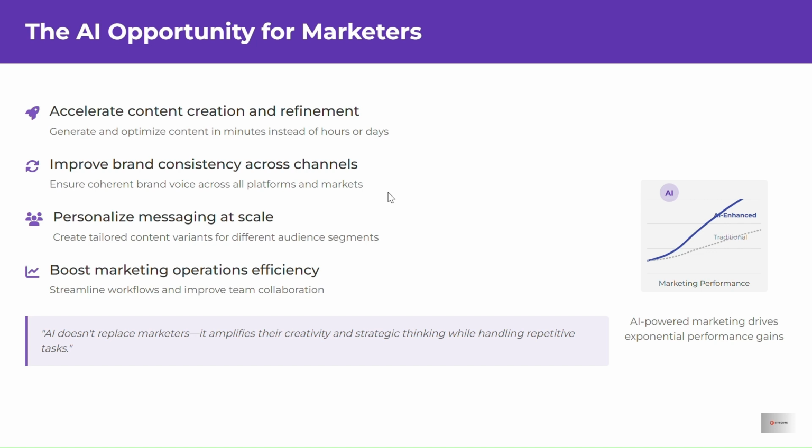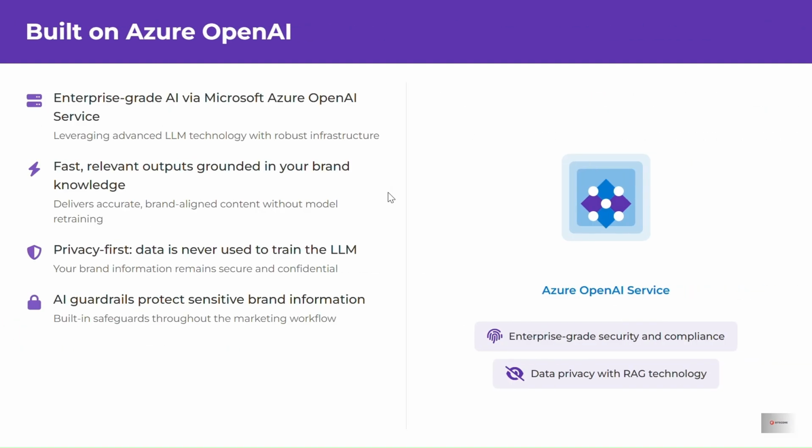So using a single, centralized platform to generate the content, and then using that content across the channels, would make it consistent across all the platforms or channels that we use. Personalized messaging at scale: we can make audience specific personalized content through Stream. Yeah, that's all about this, and then built on Azure OpenAI.